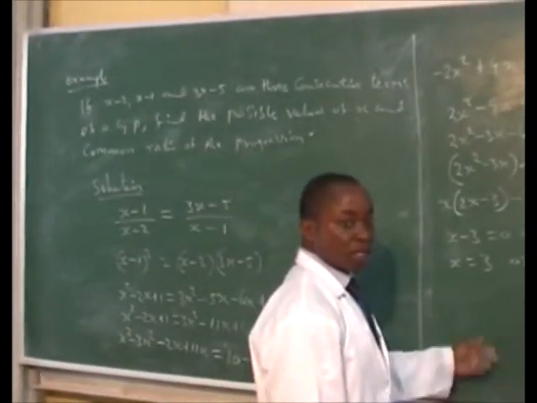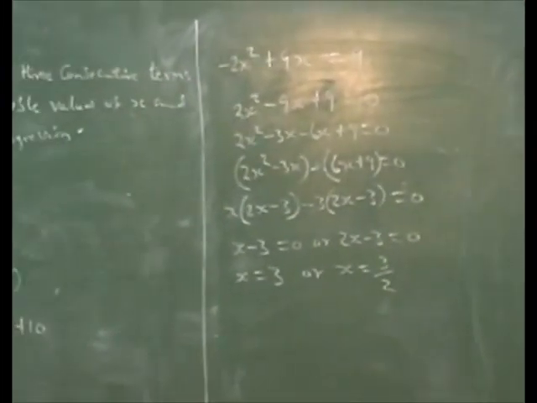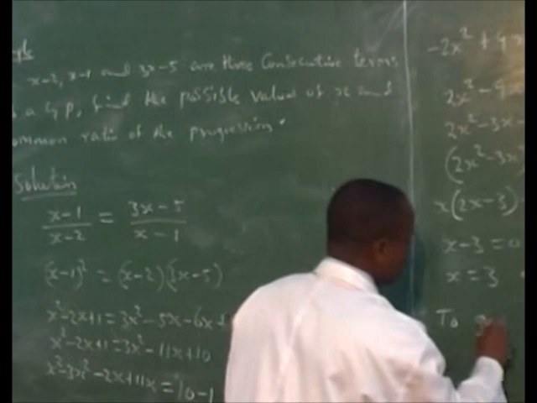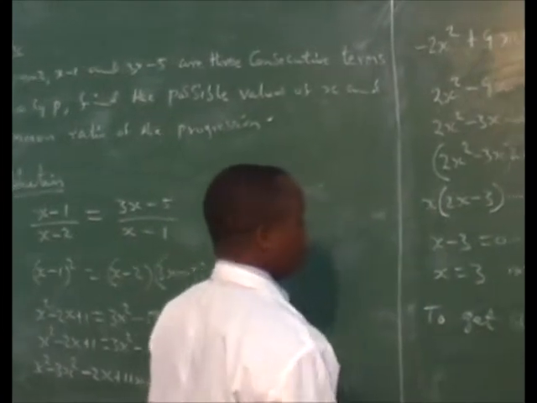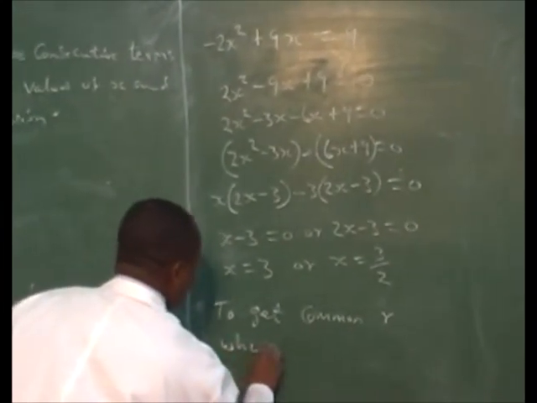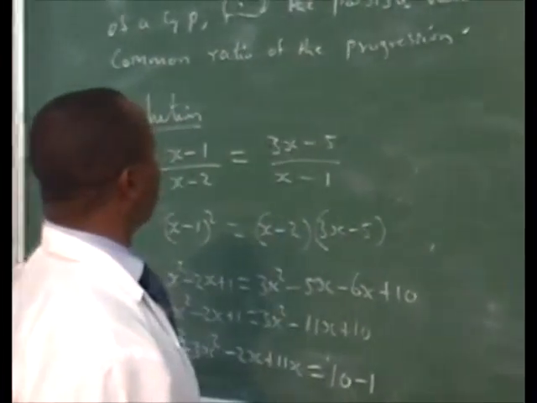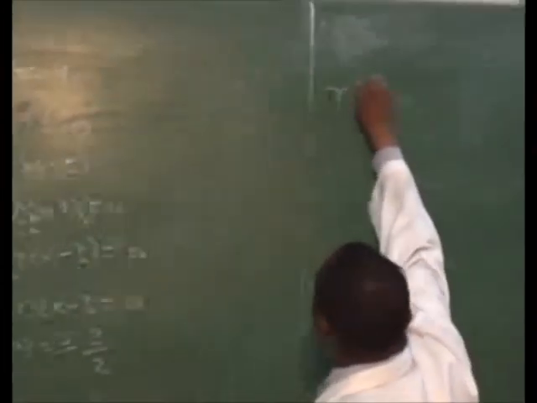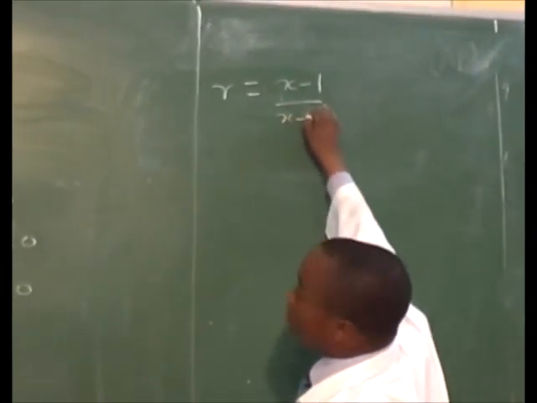So to get the common ratio R, when x is equal to 3, we now substitute it, so that R is equal to x minus 1 all over x minus 2.